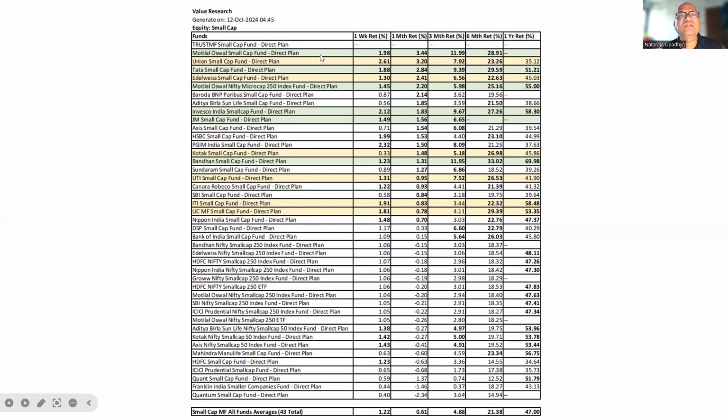Let us look at the one in green. Motilal Oswal Small Cap Fund, Tata Small Cap Fund, Motilal Oswal Nifty Micro Cap 250 Index Fund, Invesco India Small Cap Fund, JM Small Cap Fund, Bandhan Small Cap Fund. The one above 60%, only one, which is Bandhan Small Cap Fund.